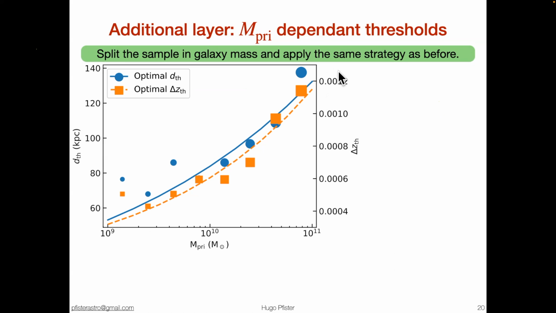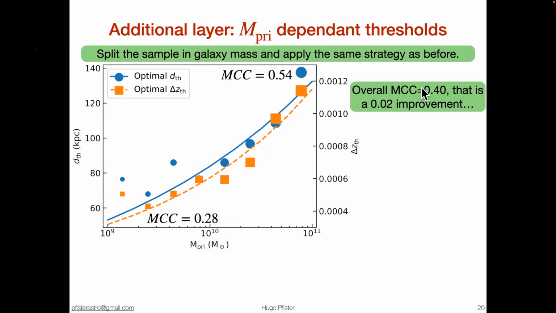And on the right axis, it's the optimal redshift difference as a function of galaxy mass. And you have the MCC, which depends on the galaxy mass. Of course, you can compute it. And if you look at the overall MCC, it's 0.4. So it's an overall improvement of 0.02, which, I was a bit sad when I saw that.